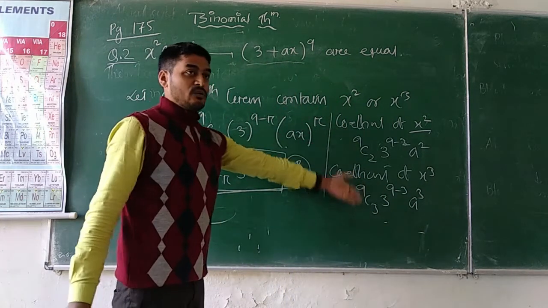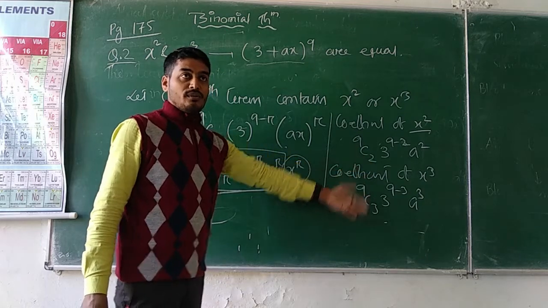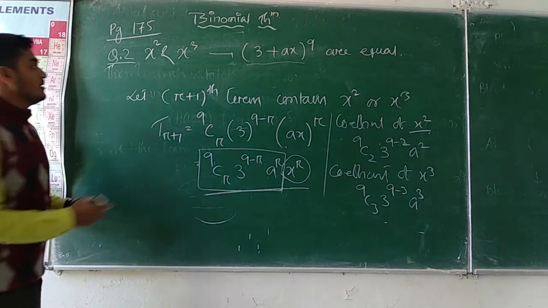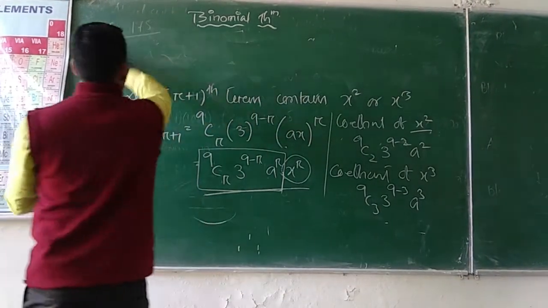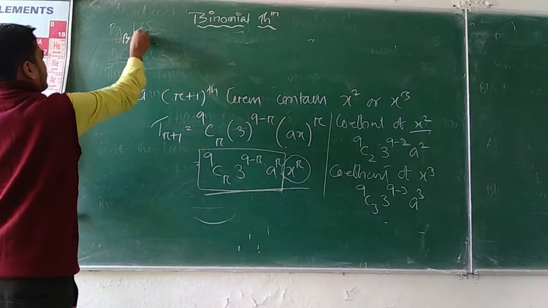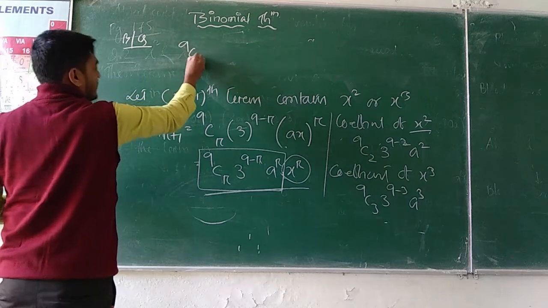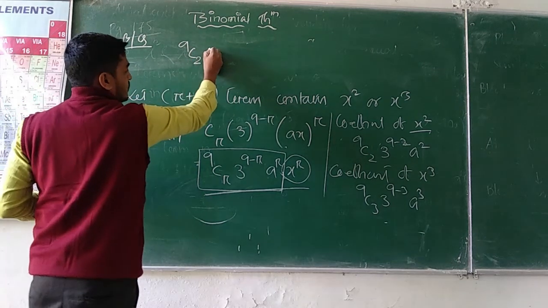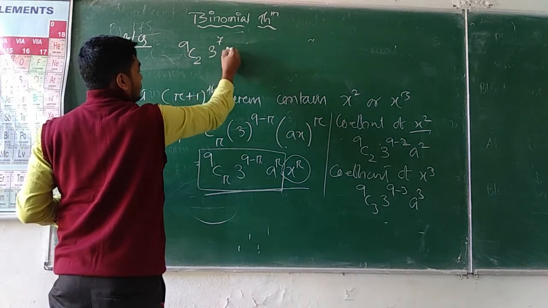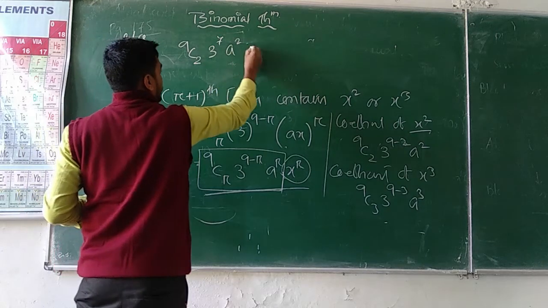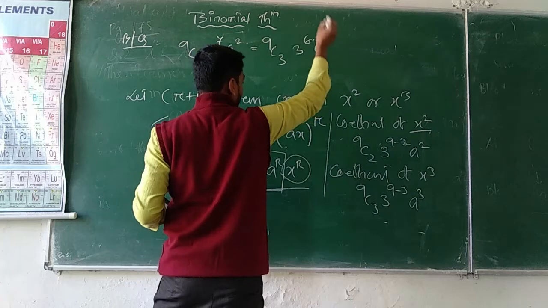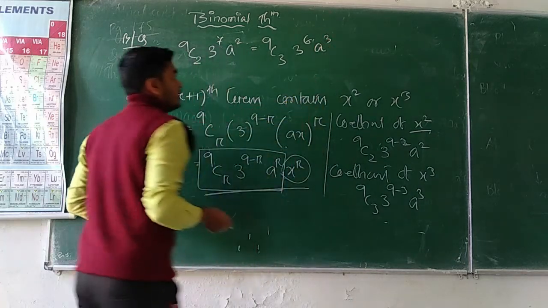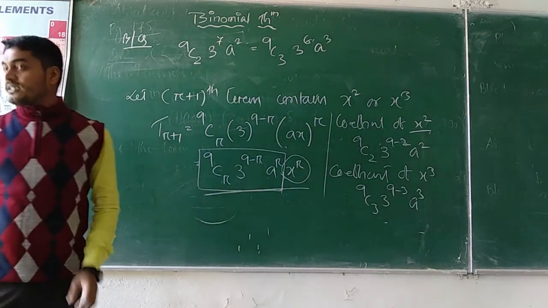By equation, they are equal. So I write: 9C2 into 3 to the power 7 into a square is equal to 9C3 into 3 to the power 6 into a cube. It is given to us that their coefficients are equal.